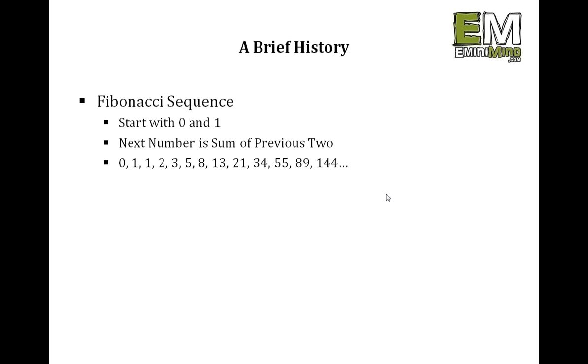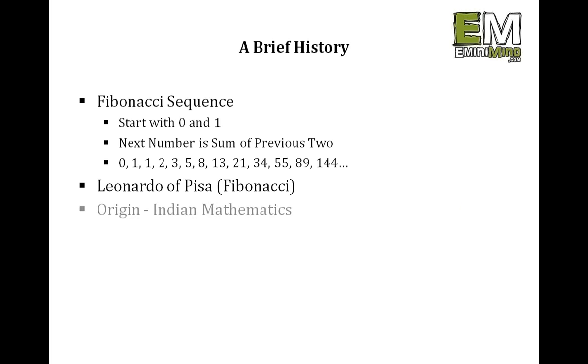That's where the Fibonacci sequence is derived from, and that was Leonardo of Pisa, also known as Leonardo Fibonacci or just Fibonacci. Now, the origin was actually from Indian mathematics, but it was really Fibonacci who brought those concepts to the mainstream of the time, if you will.